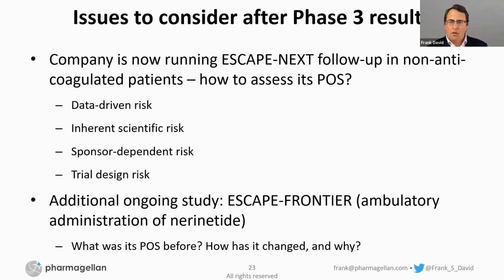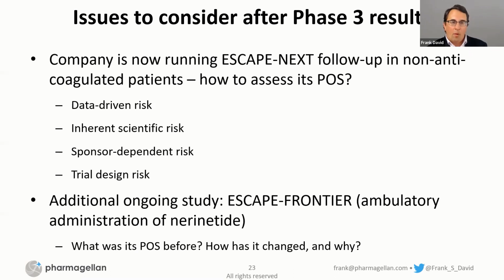But this situation also sometimes comes up in platform types of companies where you might have the same underlying technology or the same target being addressed through two different means. And so as you get data from one arm, now you're looking at what the risk is in the other trial, and maybe there's some feedback or feed forward to how you evaluate the POS of the other trial. So again, that would be something interesting to think about as well.